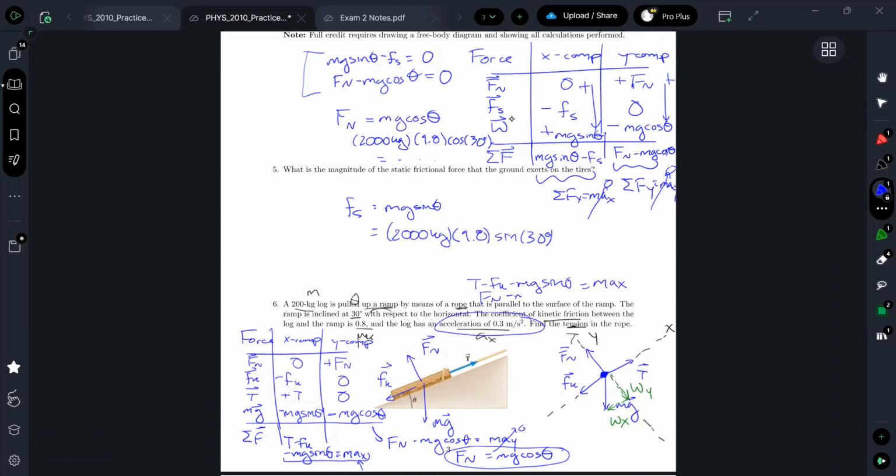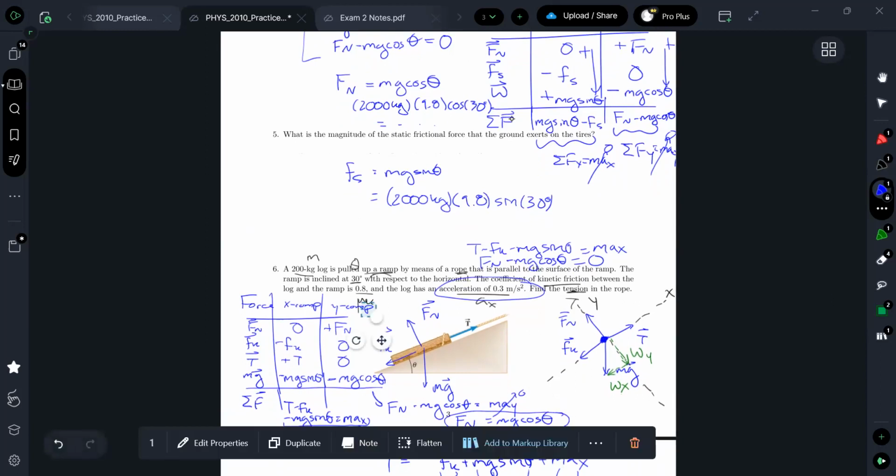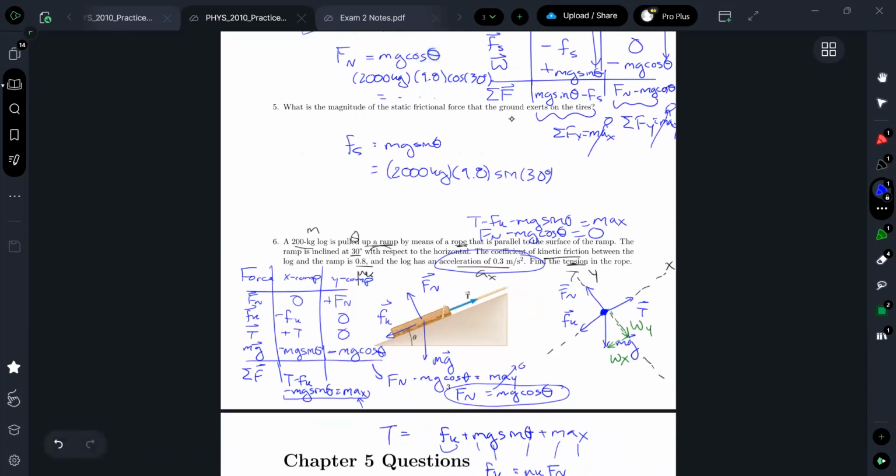And Fn minus mg cosine theta equals 0. I have done these problems so many times that I just kind of see it. But it's okay not to. And if you don't see the shortcuts, please follow this process. Just be clear. Okay, let's see, what other questions?